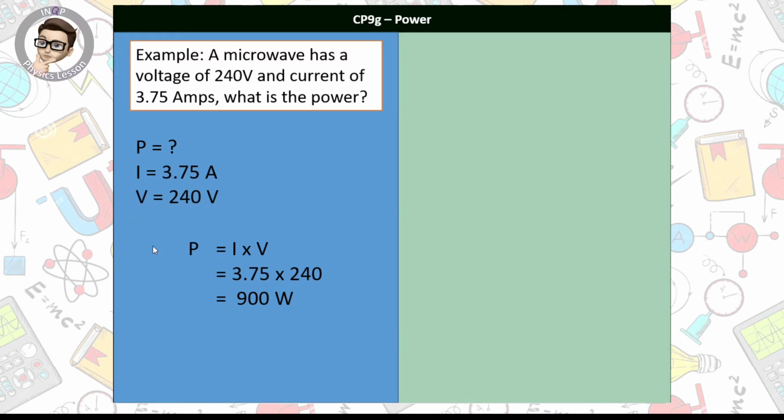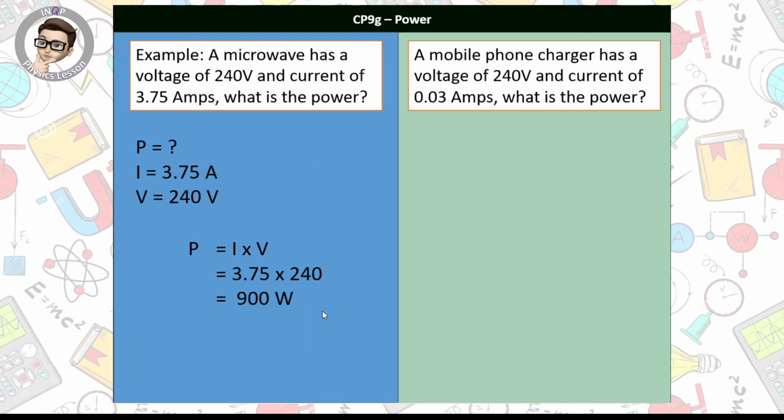So we can say that P equals I times V, PIV. We can put our numbers in, substitute them in. So 3.75 for every time we see I, and 240 for every time we see V. So 3.75 times 240 gives us 900. That's not the end of the story, is it? Because we must put our units. And our units for power are watts.